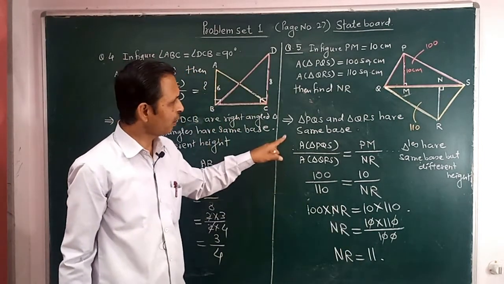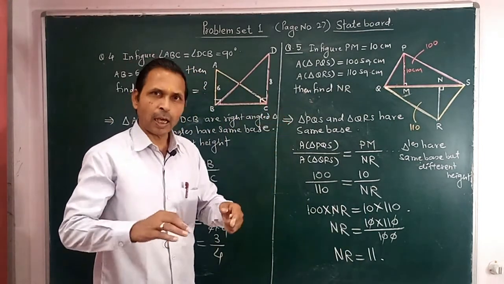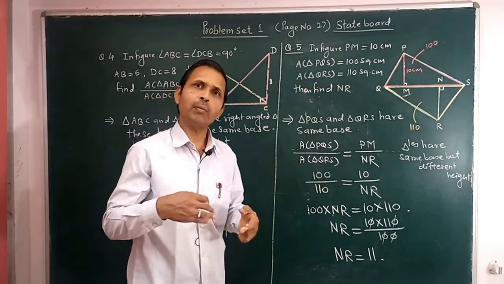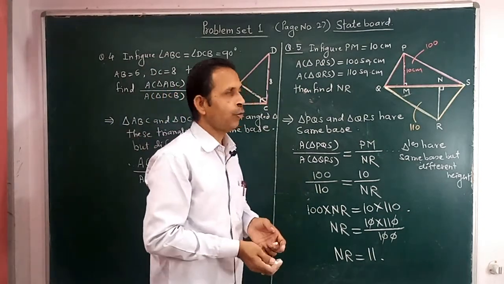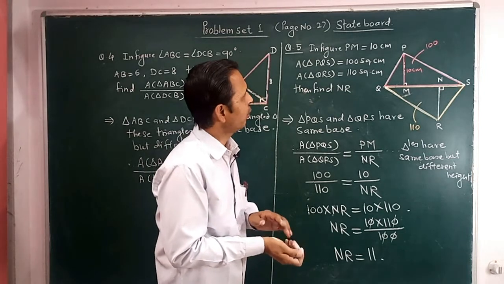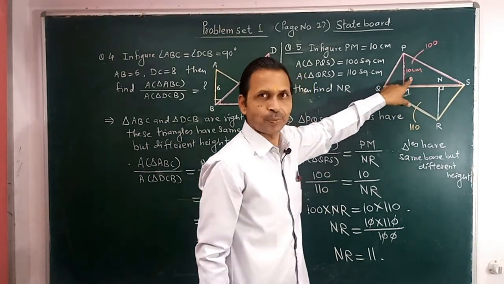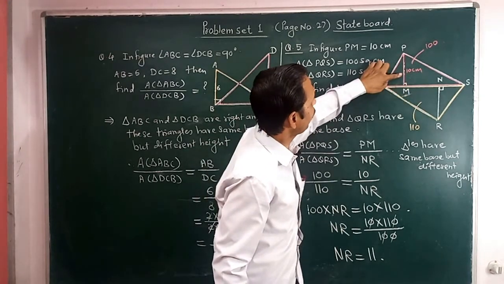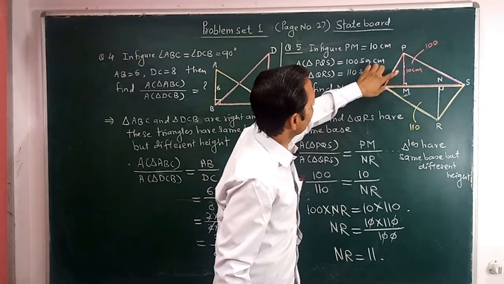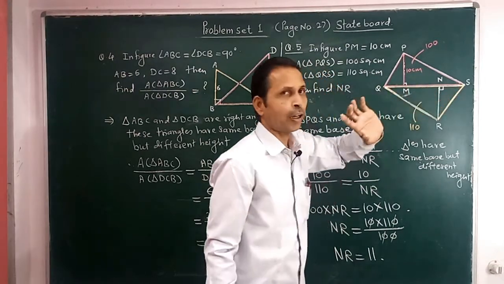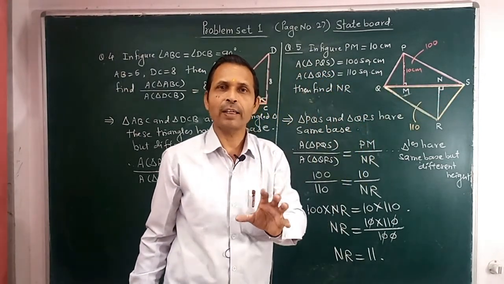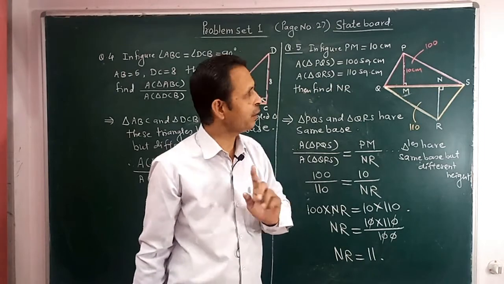Now this example can also be solved by a different method. How will we solve this example? We are given the area of this triangle and the height of this triangle, so we can find the base QS according to the formula: area of triangle is equal to 1/2 base into height.